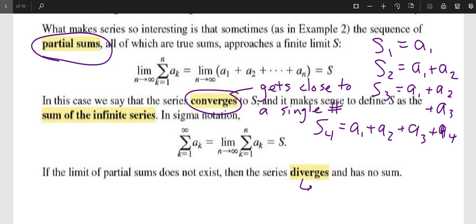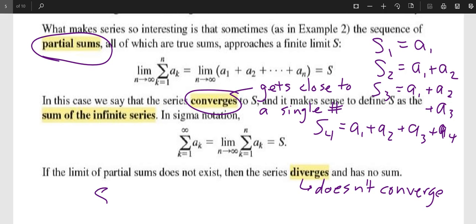And diverge means doesn't converge. To be as brief as I can be. Do the partial sums converge? That's the question that they're going to be asking.